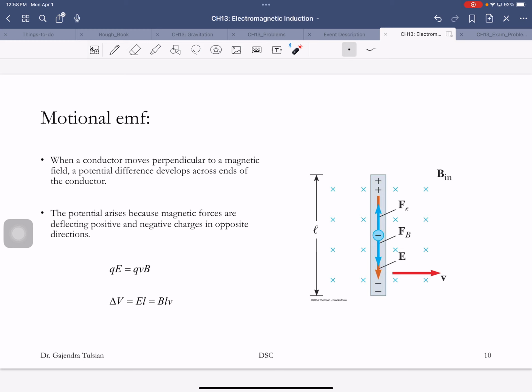So the voltage is B times L times V. You can see that the faster you move the rod, the greater the voltage, and the stronger the magnetic field, the greater the voltage. Now, if you move the rod parallel to the magnetic field, there won't be any induced voltage. So this expression is for moving it perpendicular to the magnetic field.